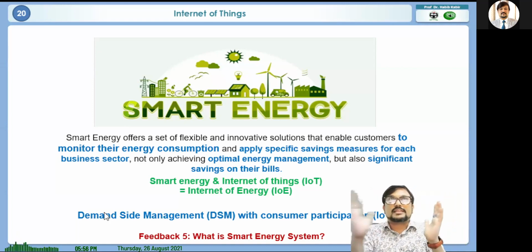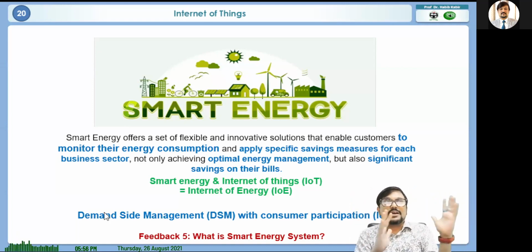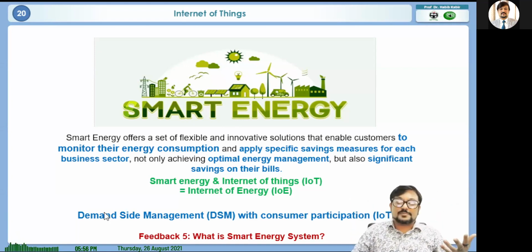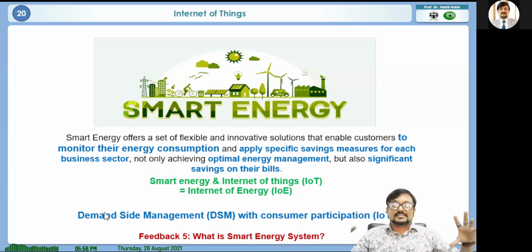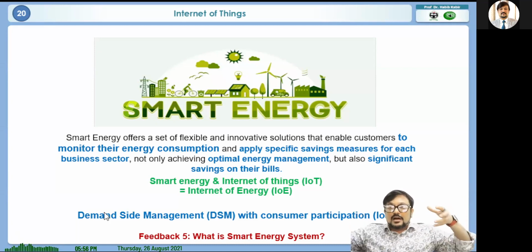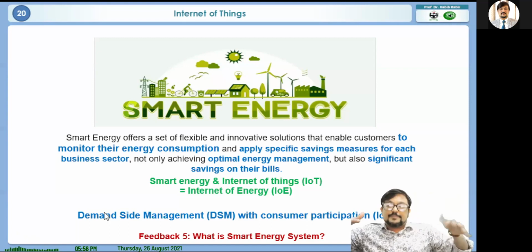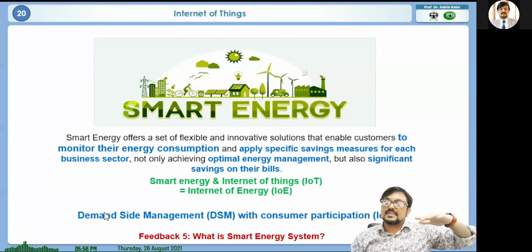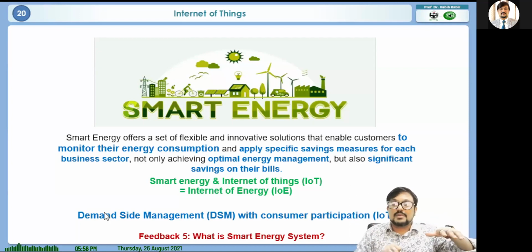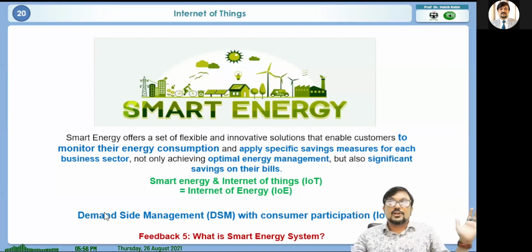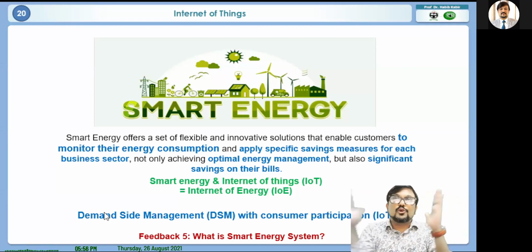So smart energy should have multi-way demand side management with consumer participation. The machines know how the consumers are doing, and depending upon that they balance the load. It is not like a human being just comes and puts it off.